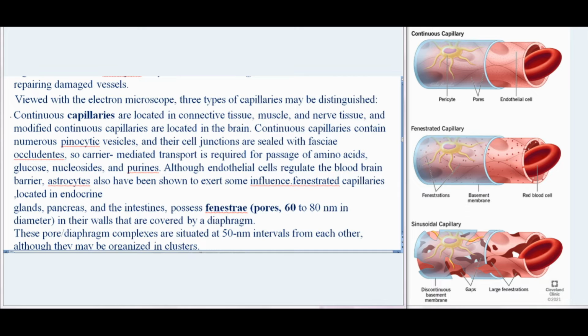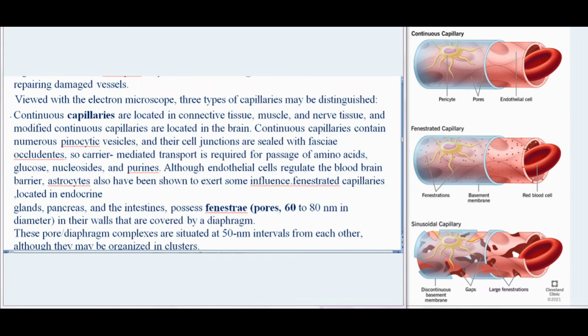Continuous capillaries contain numerous pinocytic vesicles, and their cell junctions are sealed with fasciae occludentes, so carrier-mediated transport is required for passage of amino acids, glucose, nucleosides, and purines. Although endothelial cells regulate the blood-brain barrier, astrocytes also have been shown to exert some influence.